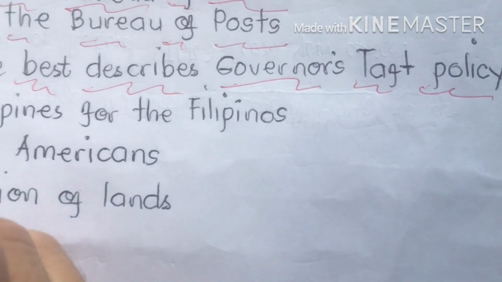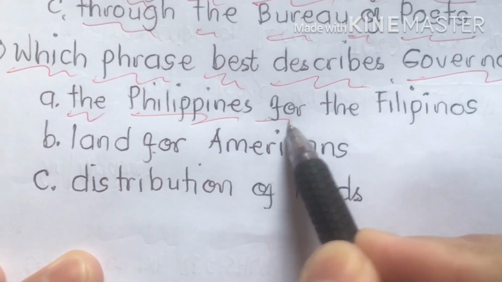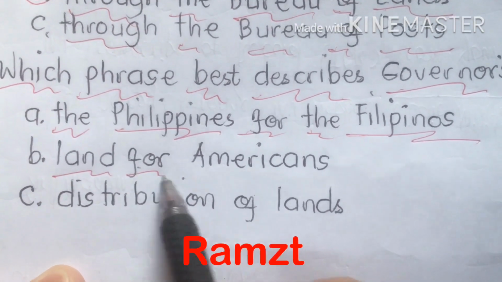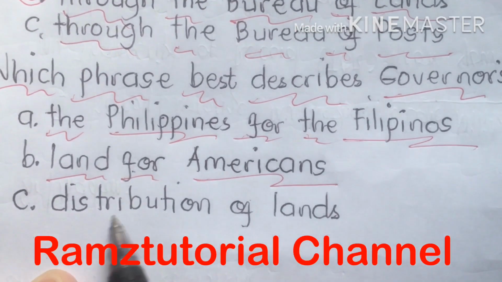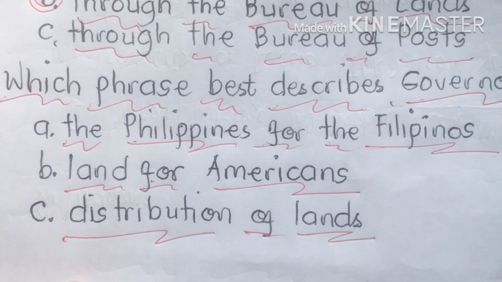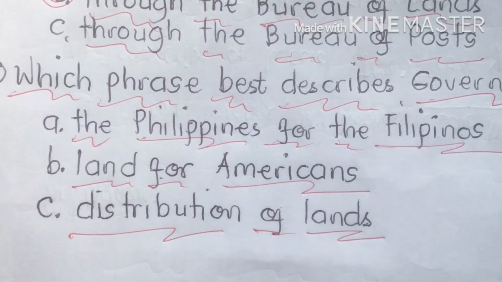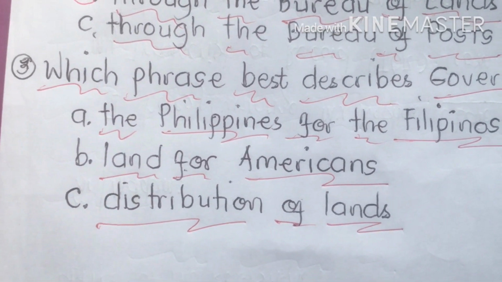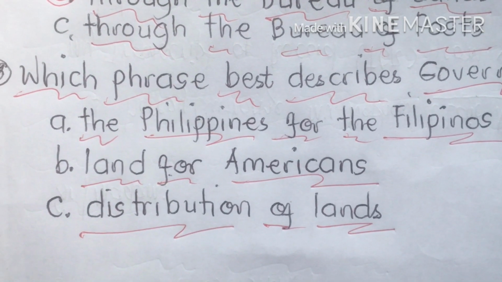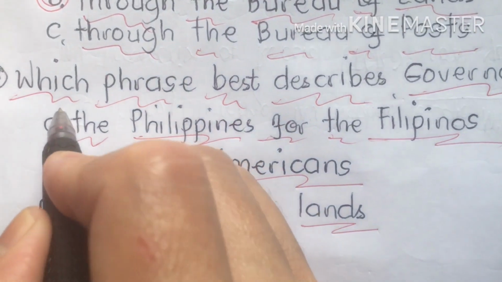Choices are: A, the Philippines for the Filipinos, B, land for Americans, C, distribution of lands. Think of it, my dear students. The right answer, remember, is letter A.